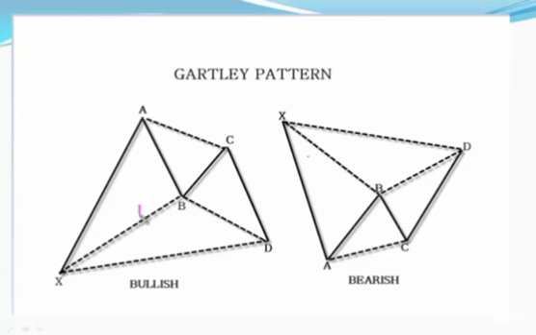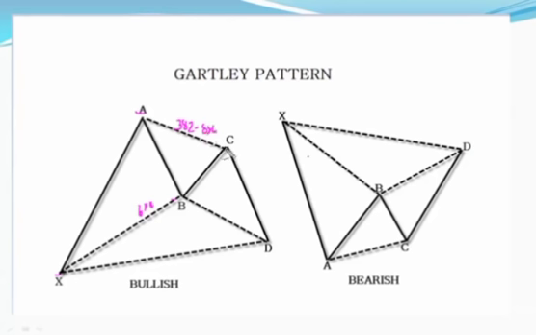So this area right here is a 618 retracement. So from X low, A, down to B is a 618. Now going from B up to C, the market should be a 382 to 886.